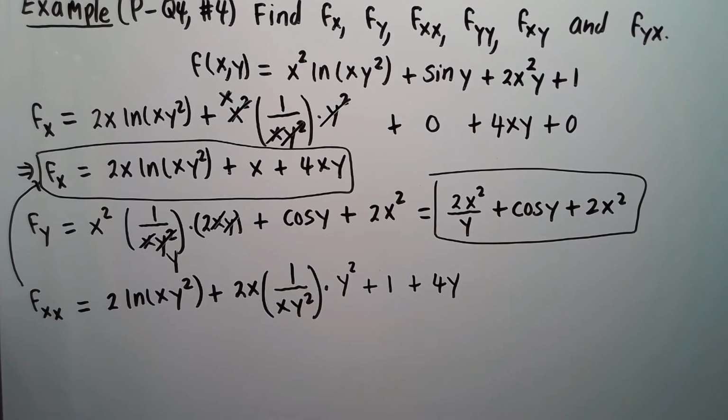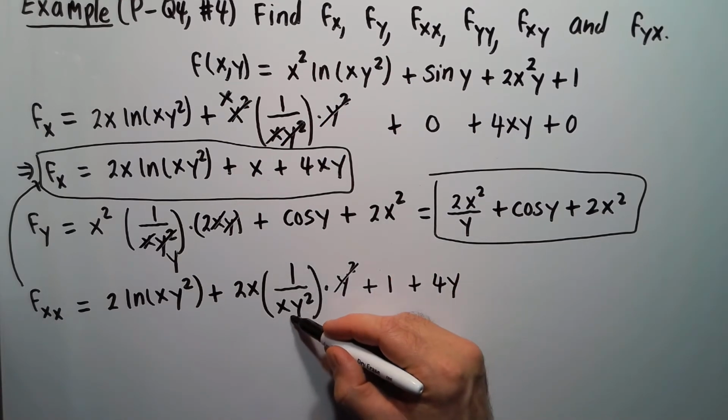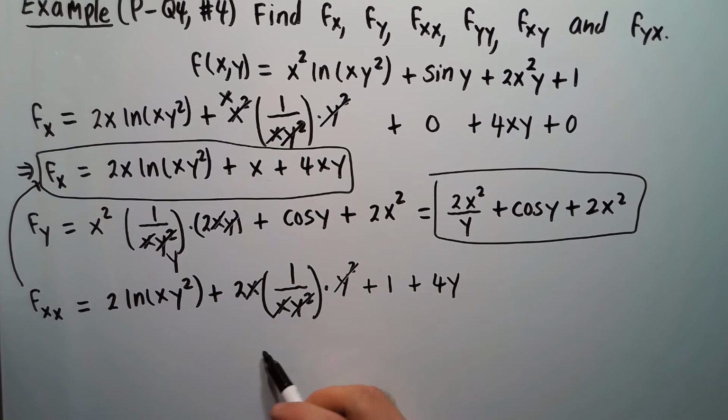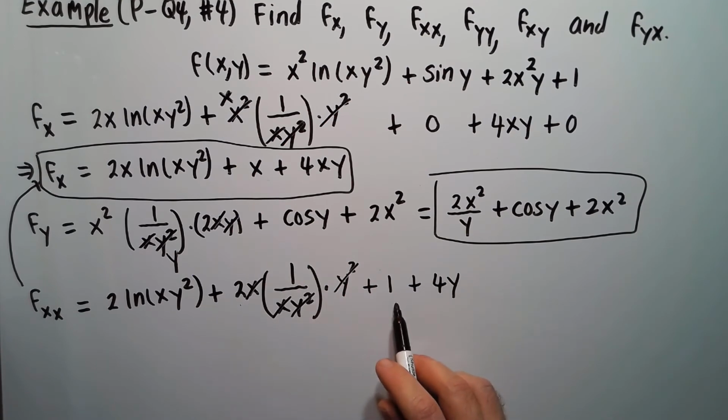Okay, and let's simplify this a bit. So notice here the y squared crosses off the y squared here, and x crosses off an x here. That's going to be 2 plus 1, so 3.